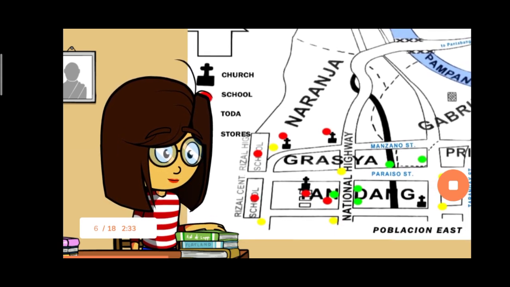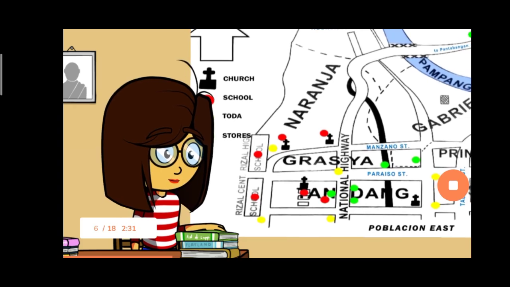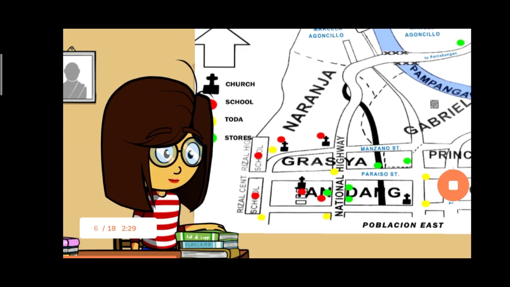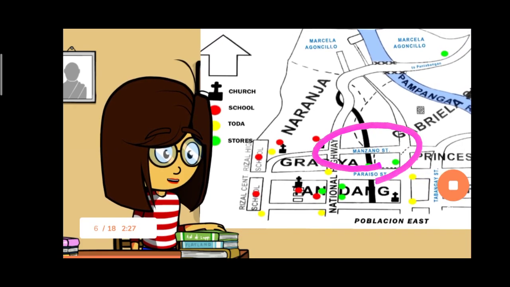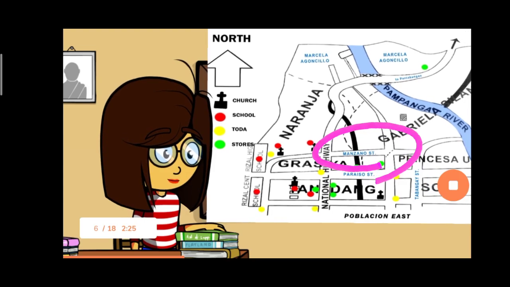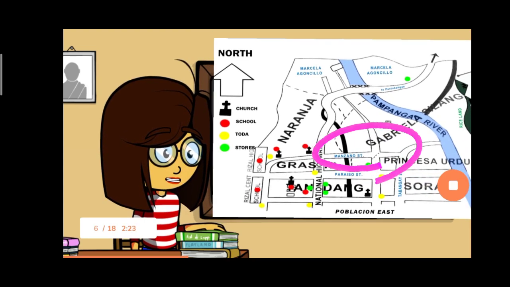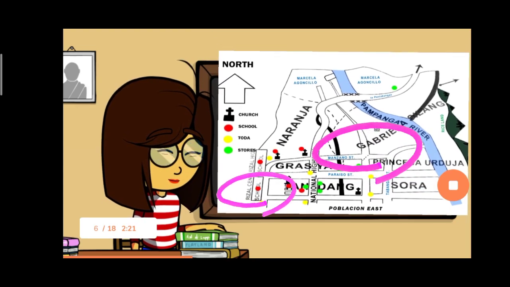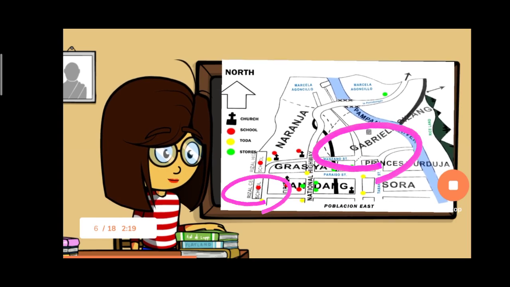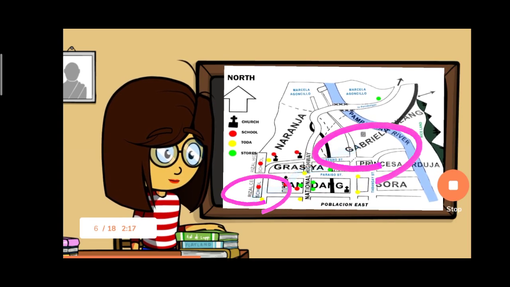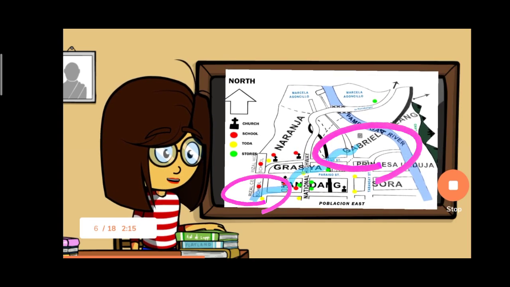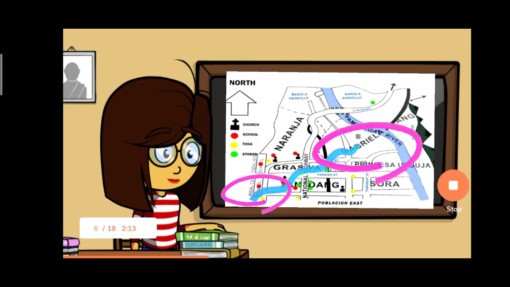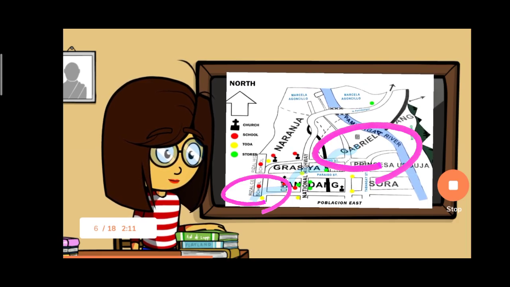So the first thing I'm going to do is to place the string on our first point. And my first point is my house. Now, I am going to connect this string to the second point, which is our school. I'm going to cut the string, and that's it. I have identified and measured the length between my house and our school using my string.